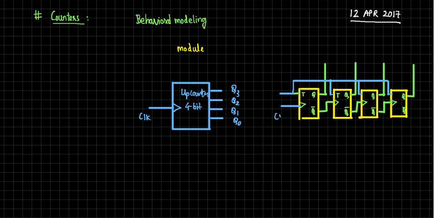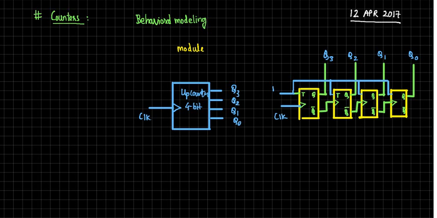So clock and T equals 1. That's it. This is Q3, Q2, Q1 and Q0. Alright, so what I am saying is, let's take a simple case of this counter.